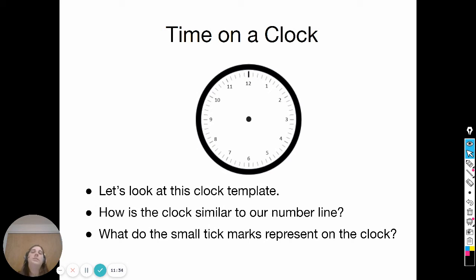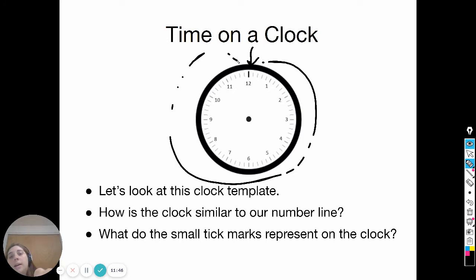Okay, so how is this clock similar to our number line? Well, up here at noon is like starting at 0 on the number line. And when you go all the way around the clock, that would be 60 minutes. If you remember, our number line had 60 marks on it.